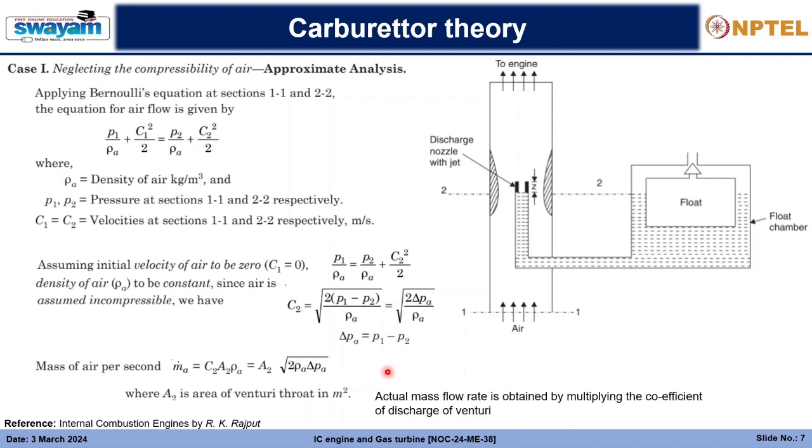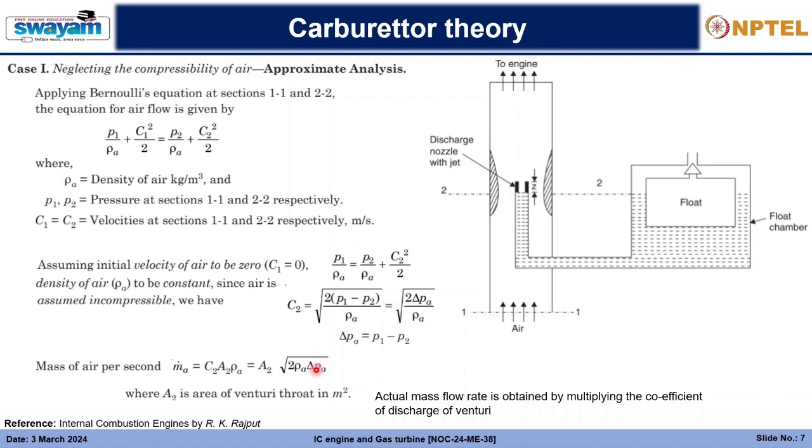So the actual mass flow rate is obtained by multiplying by the coefficient of discharge of the venturi. When we are using a venturi, there are some losses due to the curvature and the geometry, and these losses do not yield the complete expression as it is. So we have to multiply by a coefficient which is lesser than 1.